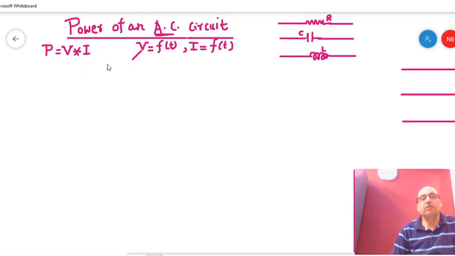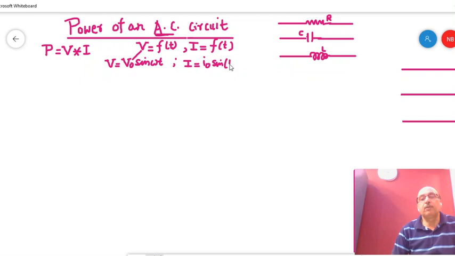which is the function of time, as the instantaneous voltage, and it is represented as V is equal to V naught sine omega t. And the current I is equal to I naught sine omega t.